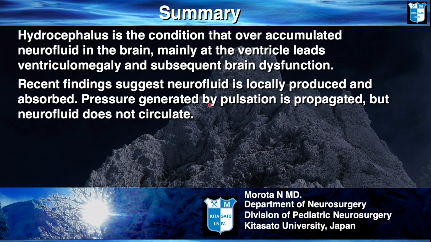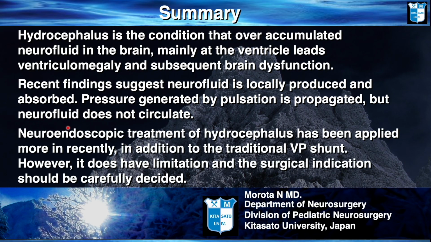Pressure generated by pulsation is propagated, but the neurofluid itself doesn't circulate. Neuroendoscopic treatment of hydrocephalus has been applied more recently, in addition to the traditional VP shunt. However, it does have limitations, and the surgical indication should be carefully decided. Thank you very much for your attention.